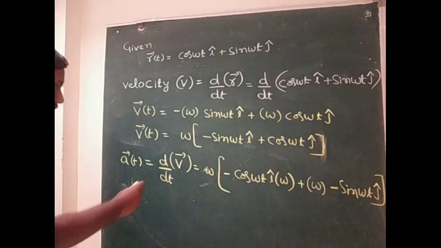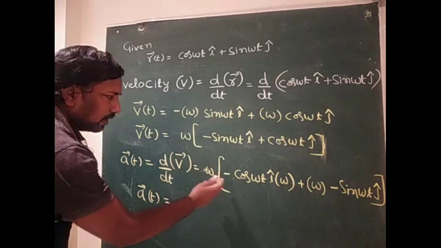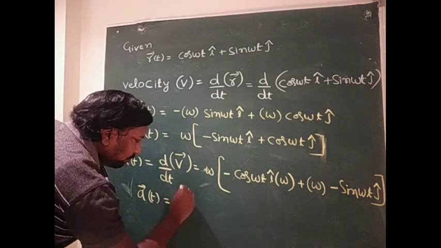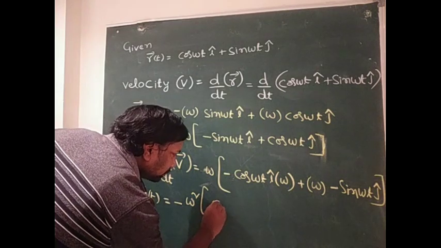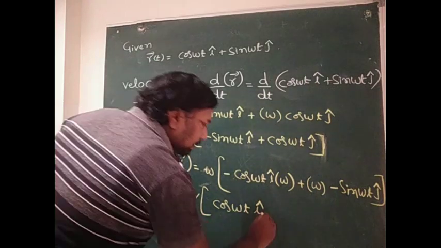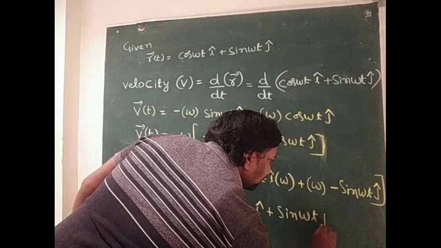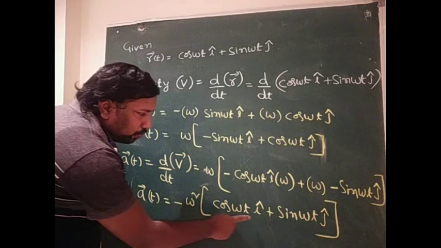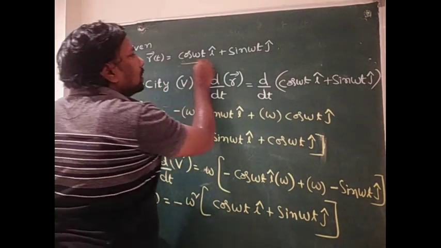So therefore acceleration a bar of t equal to, here omega also common, minus also common, so minus omega square into cos omega t i cap plus sin omega t j cap. In this equation cos omega t i cap plus sin omega t j cap is r bar.